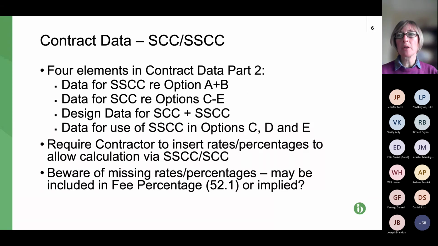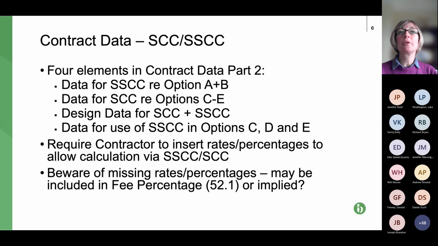We've got contract data part 1 completed by the client typically, so effectively the paying party. In a subcontract, it's the contractor who completes it, and then we have the contract data part 2 completed by the party carrying out the work. So the clue is there. Hopefully you'll realise immediately that if it's been completed by the party carrying out the work, it will predominantly include payment information, and that is absolutely the case.